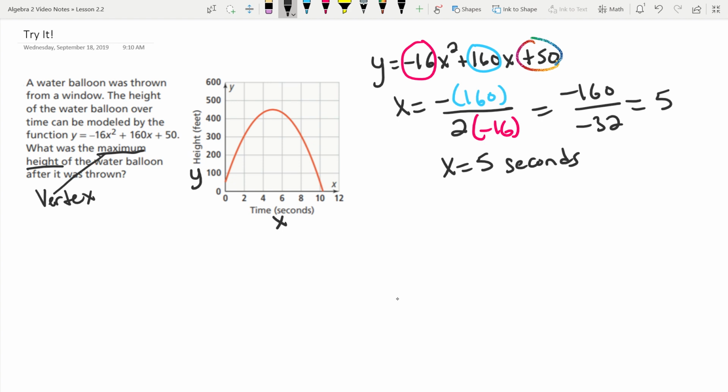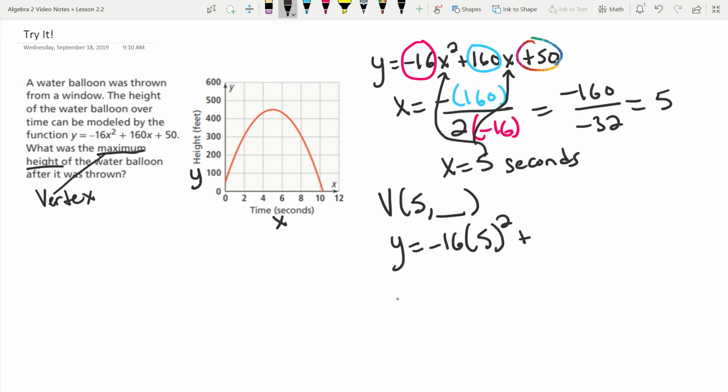So we're going to take this 5 here. So we know our x of the vertex is 5. We need our maximum height. So we're going to plug in 5 into the original function. So we get y equals negative 16 times 5 squared plus 160 times 5 plus 50. So that's negative 16 times 25, 160 times 5 is 800, and then plus 50.